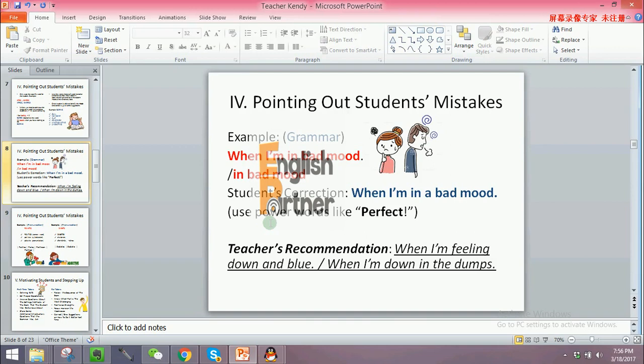And after that, I ask them if they know some other words to say in a bad mood or other expressions which mean the same. They will probably talk about it, and if they really can't think of anything else, then I recommend some expressions like these. When I'm feeling down and blue, or when I'm down in the dumps.